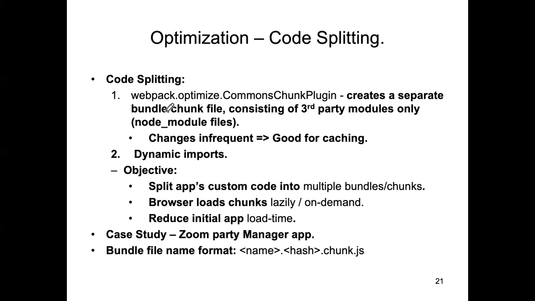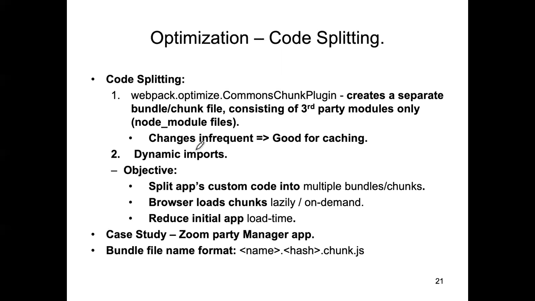So that happens anyway. Now, where we can actually influence the code splitting is by using something called dynamic imports in our source code. We can't really do anything with the bundle that contains all of the node modules. We can't split that up easily anyway.